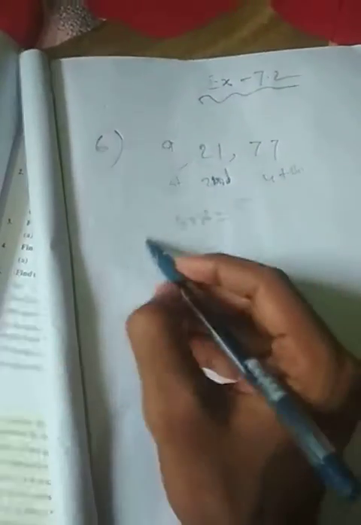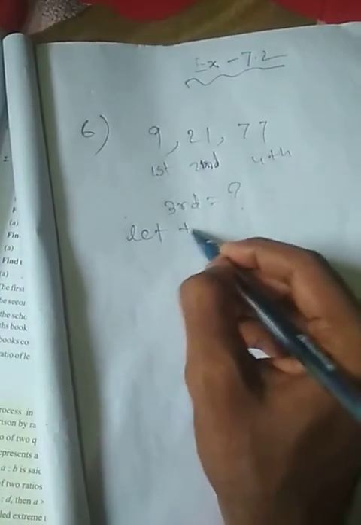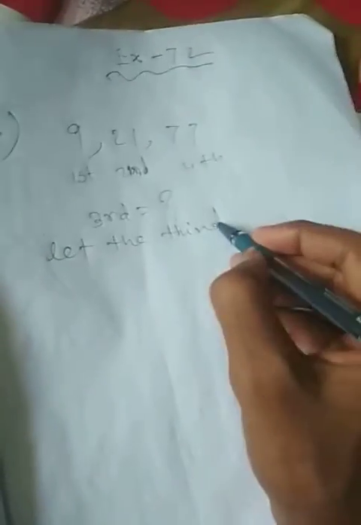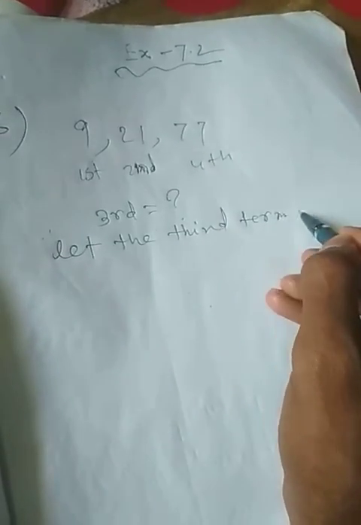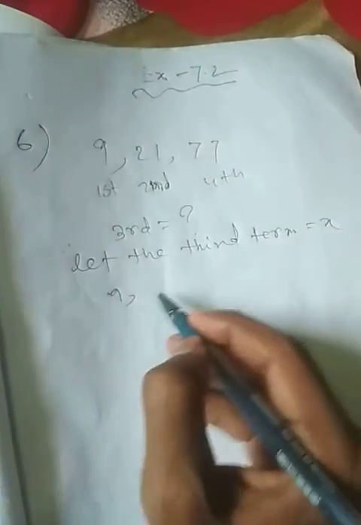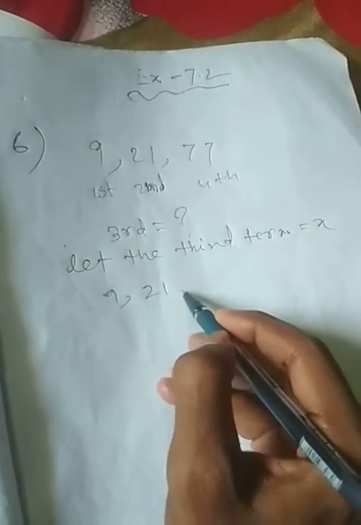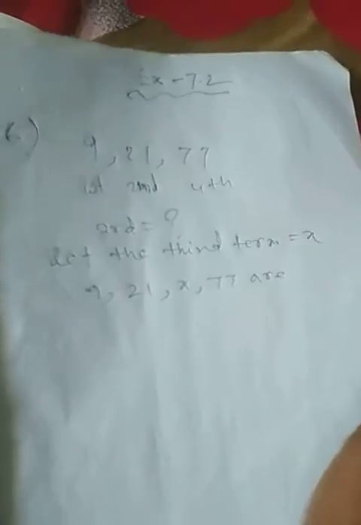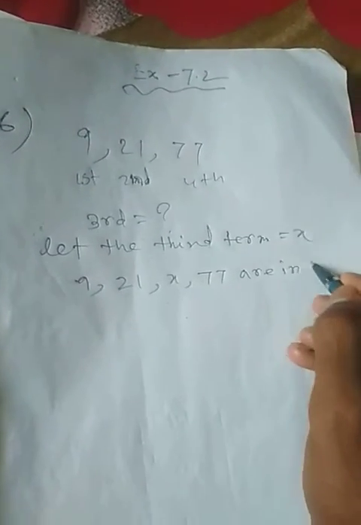Let the third term equal x. So I can write 9, 21, x, 77 are in proportion.